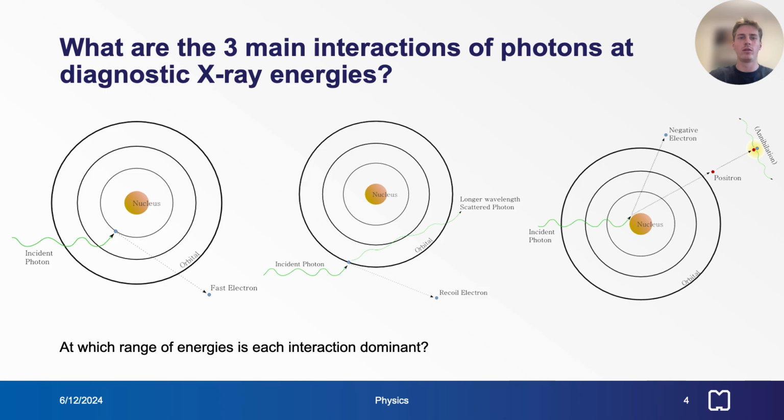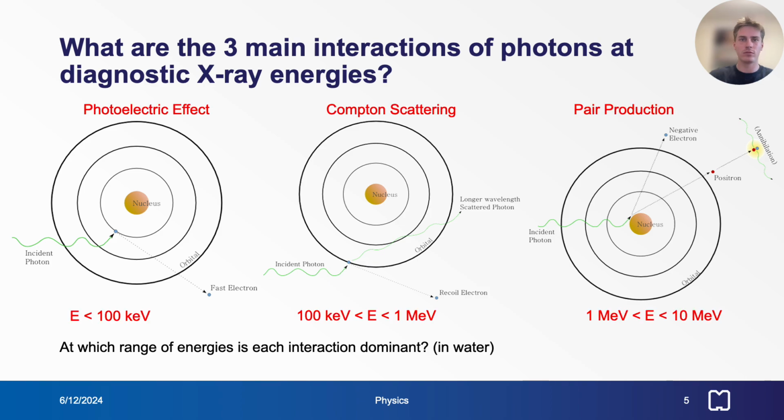Now, what are the 3 main interactions of photons at diagnostic X-ray energies? Really, radiologists and especially medical physicists should know this. And at which range of energies is each interaction dominant? Well, for energies up to about 100 kiloelectron volts, the photoelectric effect is the dominant interaction.